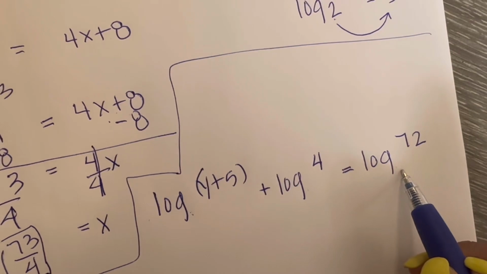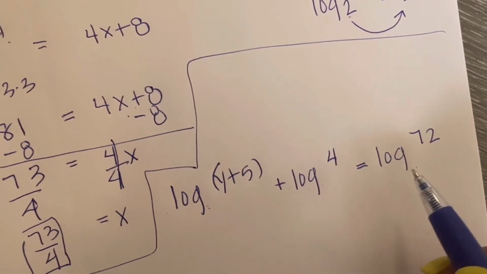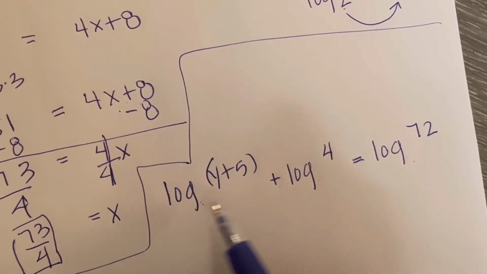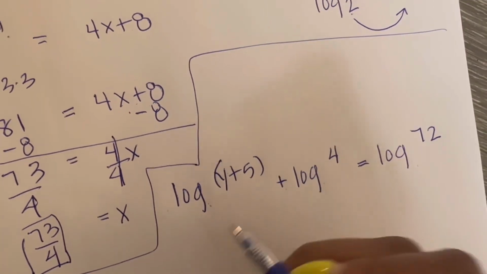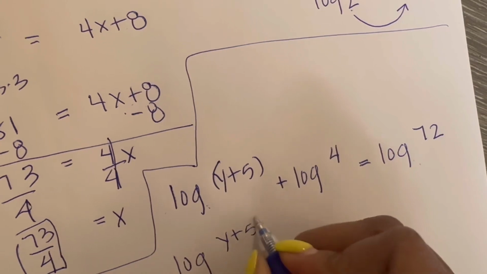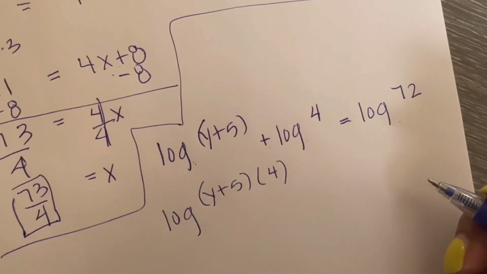So, in order to do this, make sure you know your properties of logs. This is your product property. If you're adding the same base log, you multiply the arguments. So let's take the log and take your argument, y plus 5 times this argument, 4.